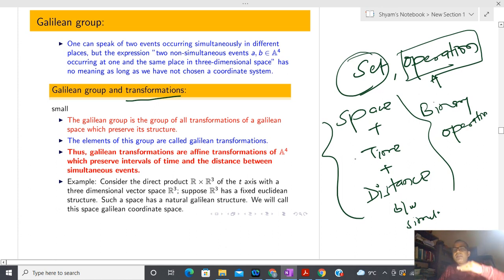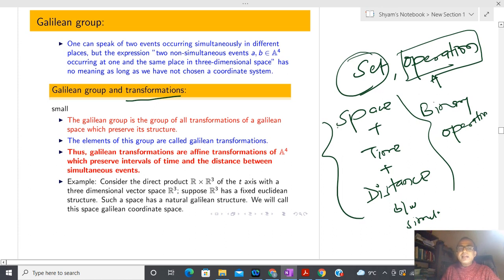Suppose some aeroplane is moving in the air, and if I try to understand the coordinate frame at that place, at that time the space is A4. But I am assuming that the plane is moving with some kind of uniform velocity. If some non-uniformity comes into the picture, then we have a certain way to convert that non-uniform motion into uniform motion.